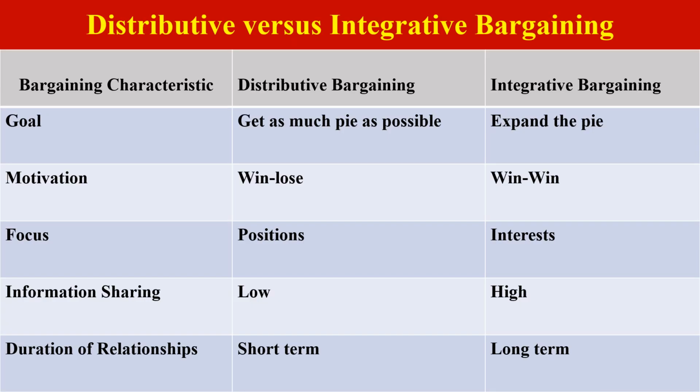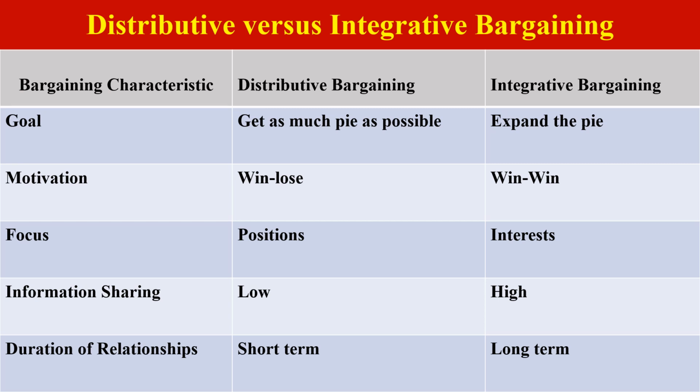Let us see how distributive bargaining stands against integrative bargaining. Distributive bargaining results in getting as much pie as possible, that is, as much of the demands are accepted against the demands of the opponent. Integrative bargaining expands the pie. It expands the resources.